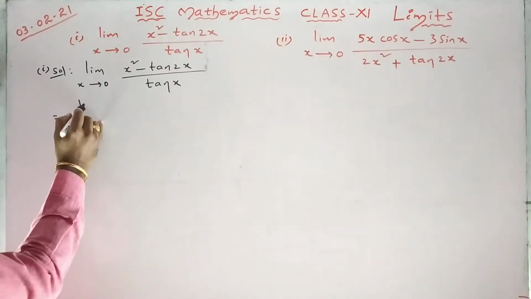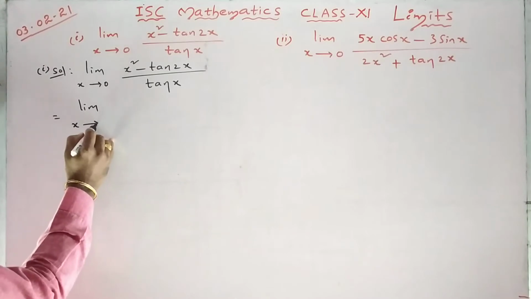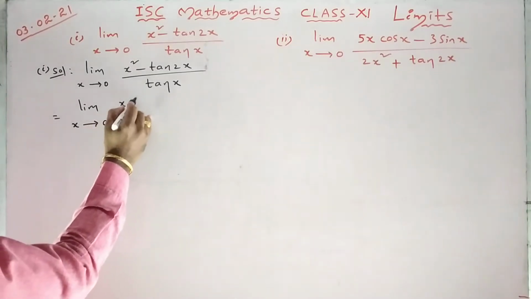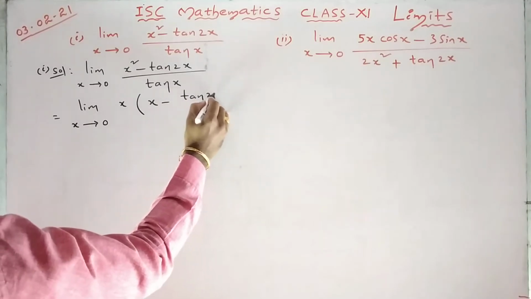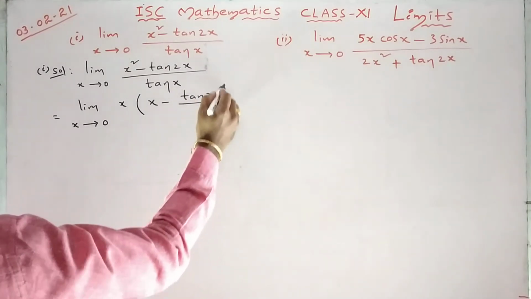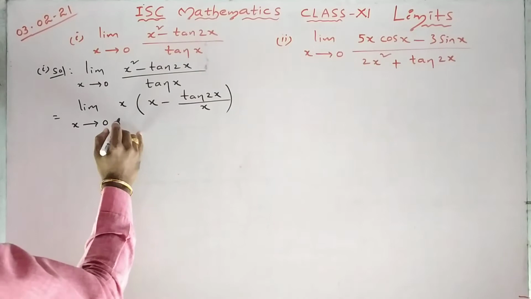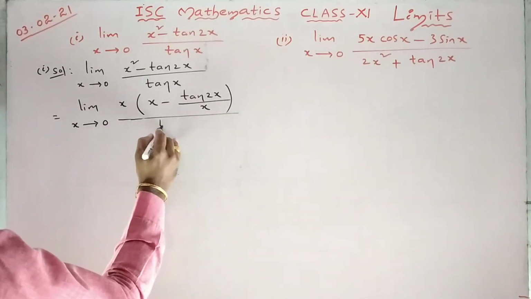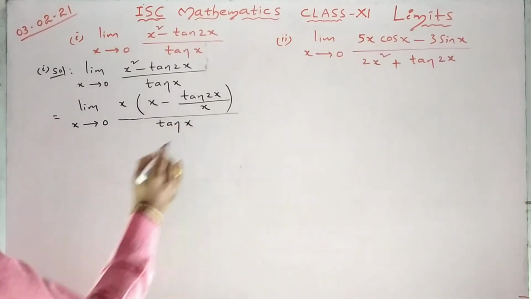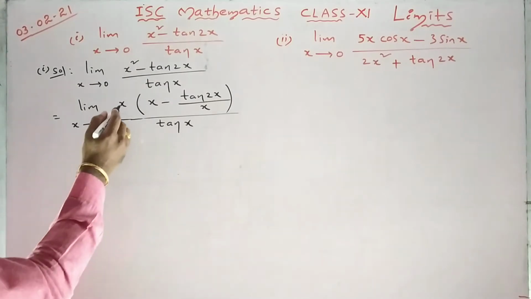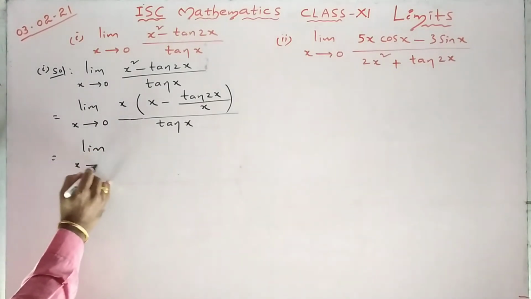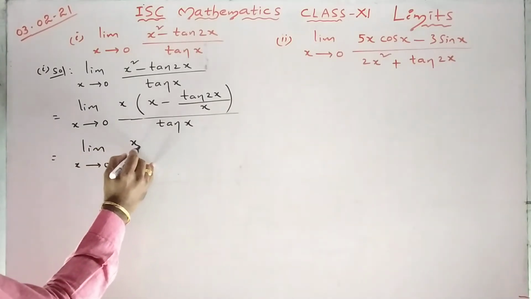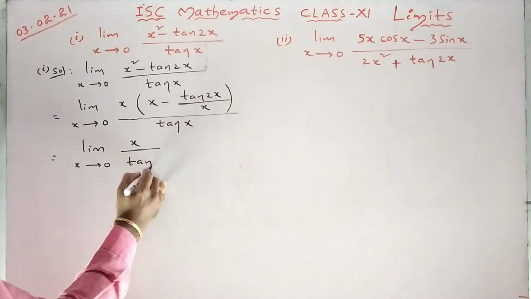So for this, limit x tending to 0, take x common here as we did before, (x minus tan 2x upon x), right? So here nothing is there, so we write as it is, tan x, right? This, so apply the limit here, limit x tending to 0, x by tan x, right?